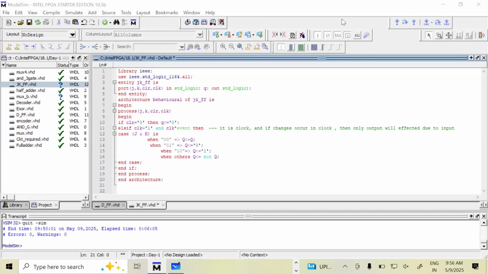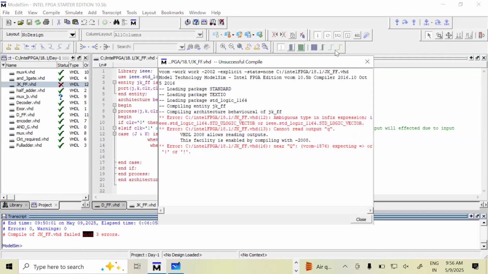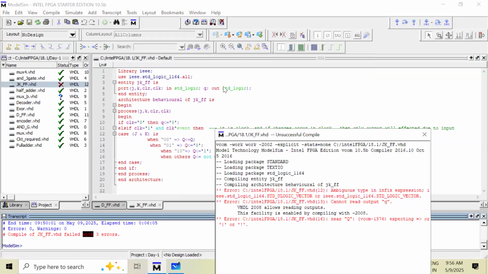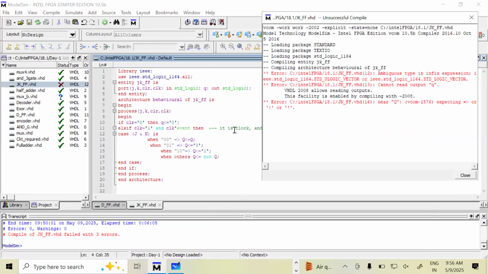Let us simulate, compile this. This thing at number 12. It is saying that Q cannot be read as an output, as Q is less than equal to Q. Here Q is acting as input as well as output.